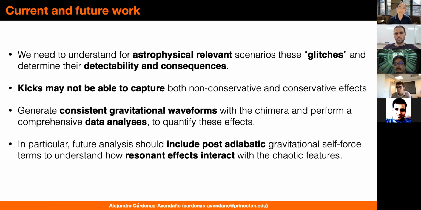I should also mention that glitches could appear not just because of chaos or resonance, but because there could be something in the detector that causes a glitch. The smoking gun here will be if it's associated with these particular resonances and their duration. That's why we need to build a model to really get the physics from that. But so far, we are not there to distinguish this from an environmental effect. For those steps, we will have to enhance our models a little bit more. I see. Okay. Thank you.